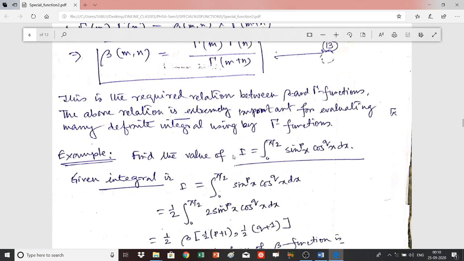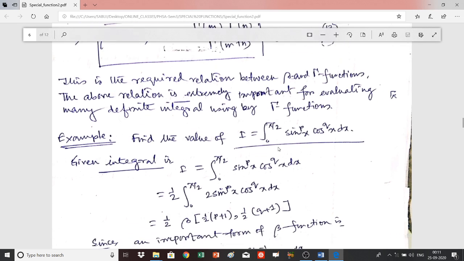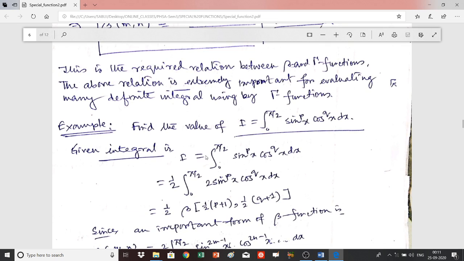If you wish to find the value of the integral from 0 to pi by 2 of sin to the power 2x cos to the power 2x dx, here we are interested in finding the value of this integral. So just consider I equal to the integral from 0 to pi by 2 of sin x to the power p, cos x to the power 2x dx. Now this can be written as half, then the integral from 0 to pi by 2 of 2 sin x to the power p, cos x to the power 2 dx.